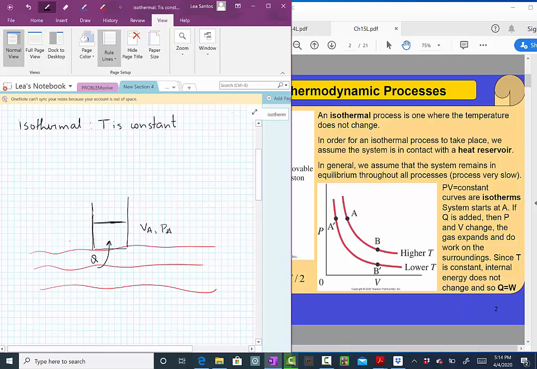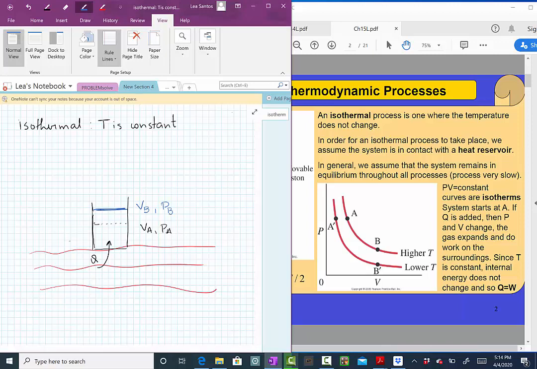But as heat is being added, this piston will move from the point where it was initially, the gas will expand, and we are going to reach this other point where we now have VB, a bigger volume, and a different pressure, PB, a smaller pressure. Throughout this process, the temperature is kept constant.